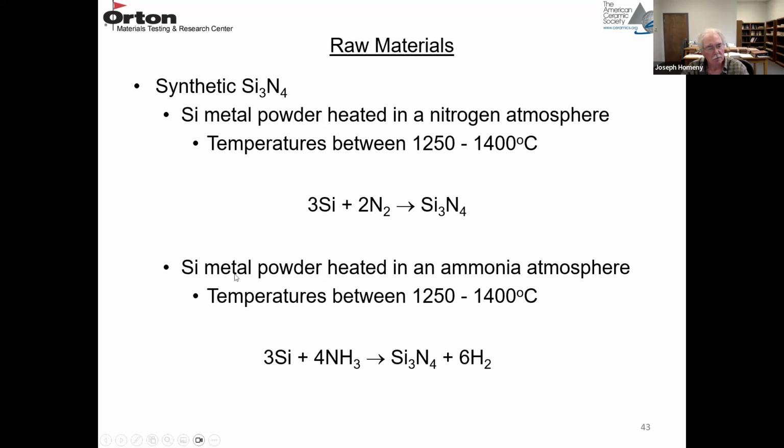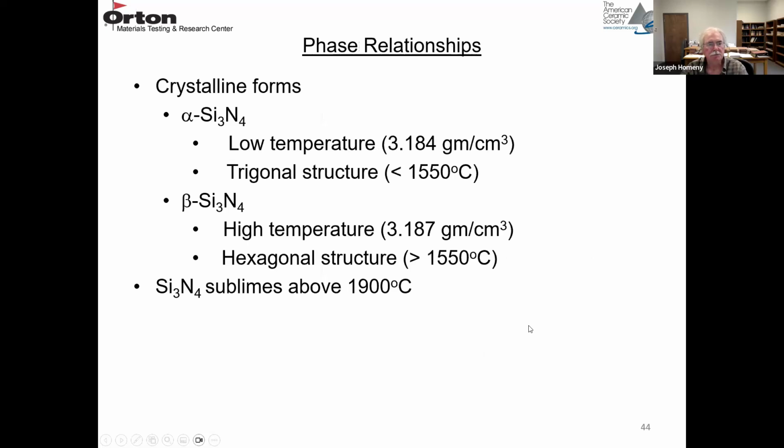You can also heat silicon metal in an ammonia atmosphere. Same temperature range, 1250 to 1400 degrees C. So you have silicon metal plus NH3 forming Si3N4, silicon nitride, and then you have a gas coming off, hydrogen gas. So two ways to make silicon nitride.